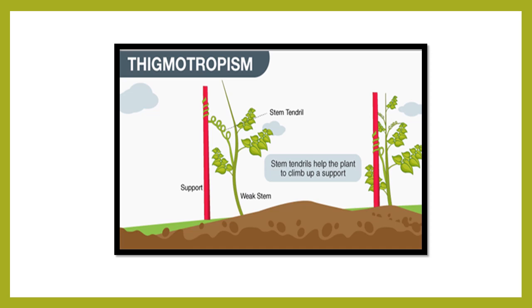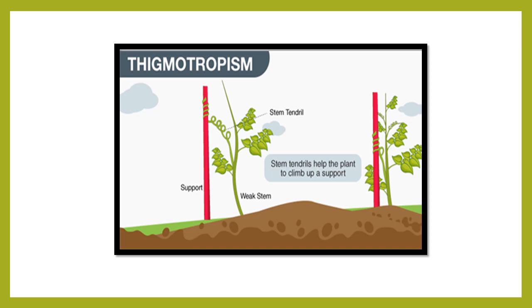What is this? Thigmotropism, another type. Thigmotropism means the stem tendrils are going to attach to a support. That's also helped by a hormone. That's also tropic movement. So now that particular plant can climb with the help of this support.